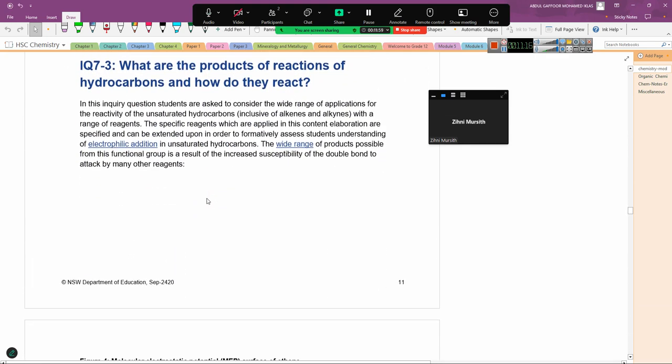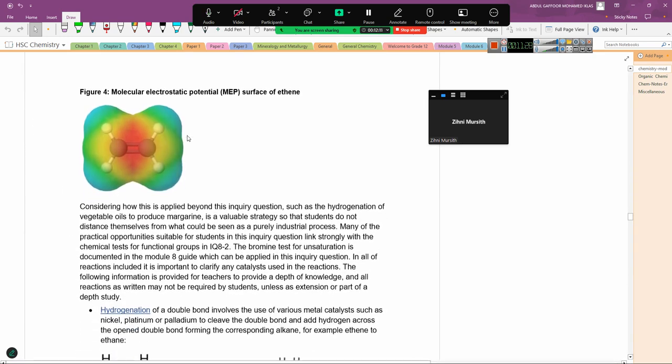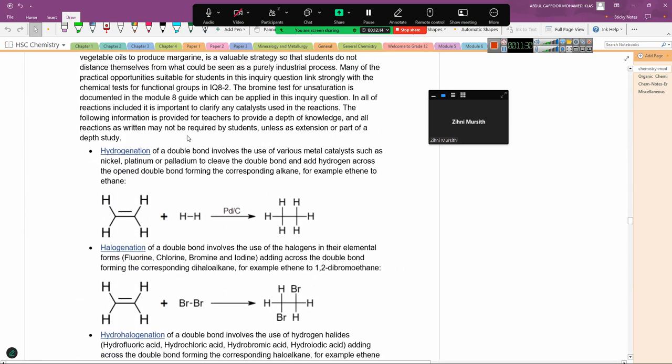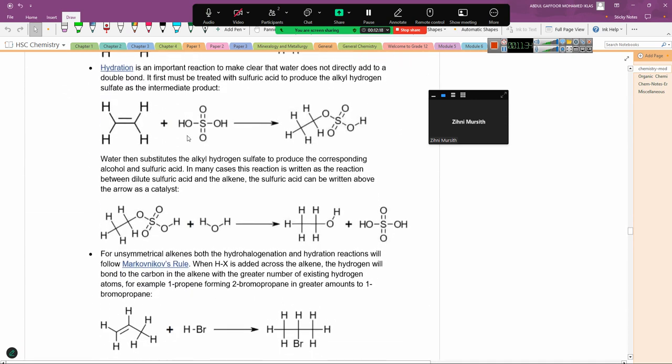What are the products of reactants? Okay, so we have to study the organic reagents used in organic reactions, okay? Hydration, halogenation, everything. We have to study halogenation and stuff.